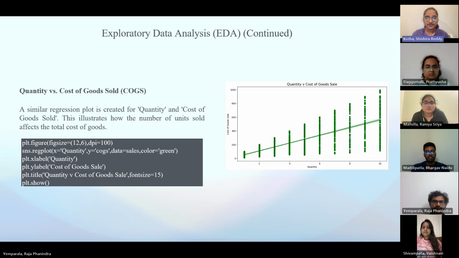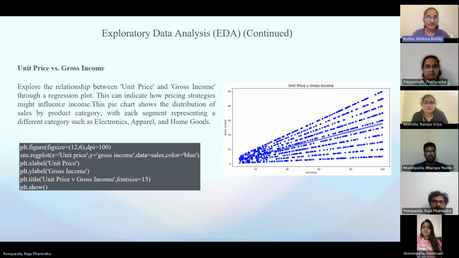Next slide. Coming to the third one, unit price versus gross income. Here, a regression plot is used to show how changes in unit price could impact the gross income. We use the same functions: plt.figure, sns.regplot, and plt.show.